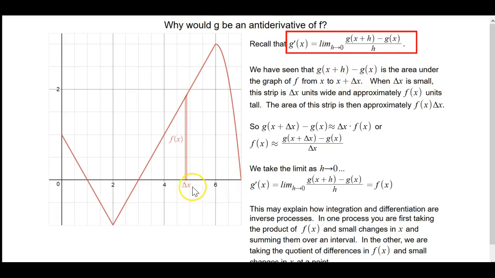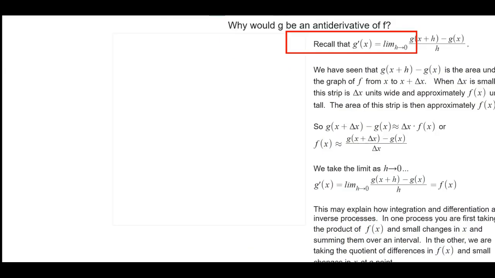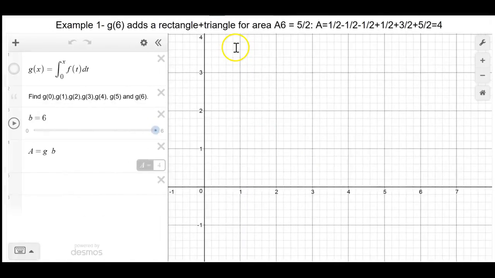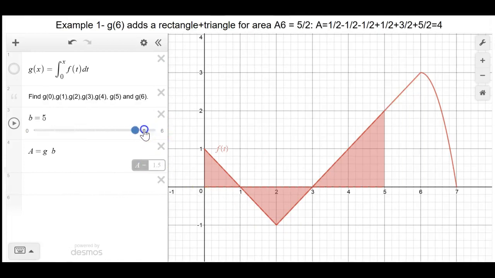Like we saw in that example back here, if you go from one x value to the next, the difference in the function is just the difference in the area here.